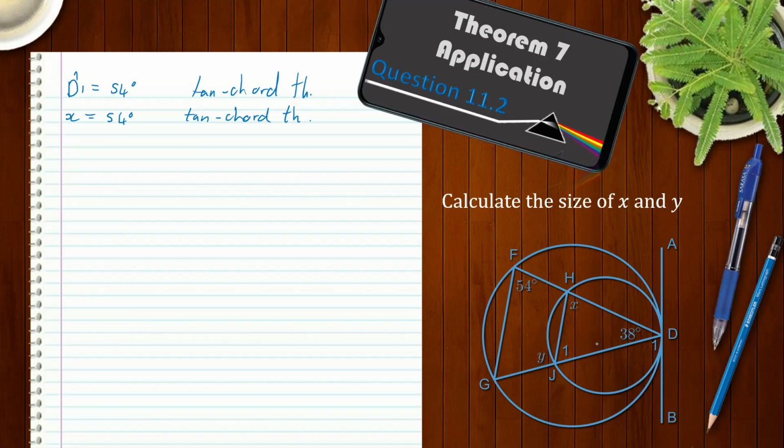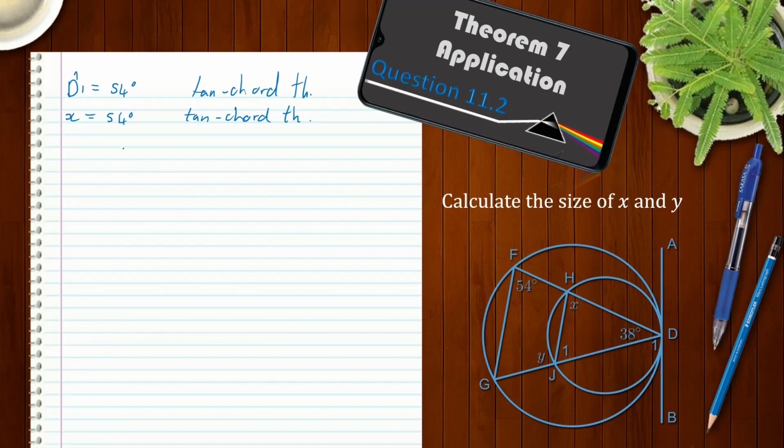Okay, now for y. So there's two ways. First of all, we can use angles of a triangle to find J1, and then angles on a straight line. But that's unnecessary work because we can just simply go straight ahead and use exterior angle of a triangle, whereas the exterior angle of a triangle adds up to the interior opposite angles.